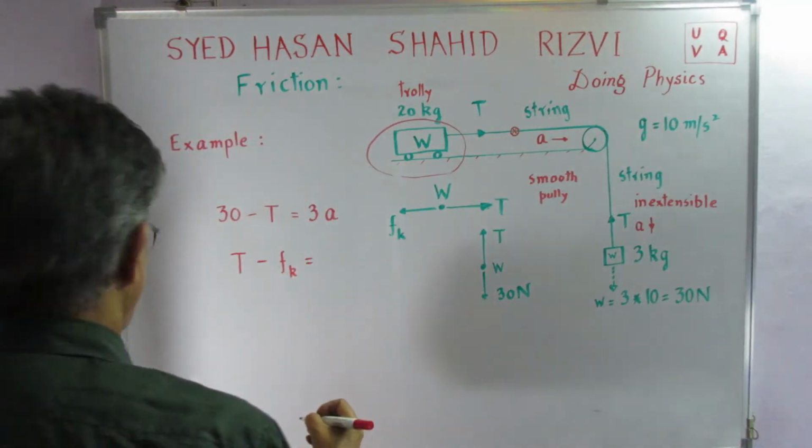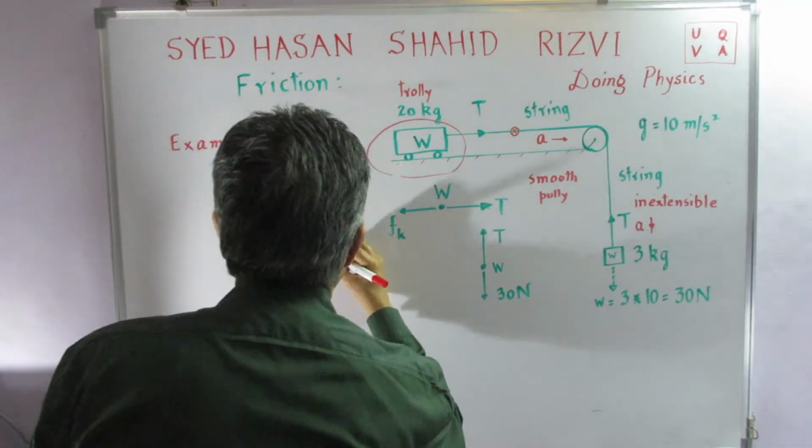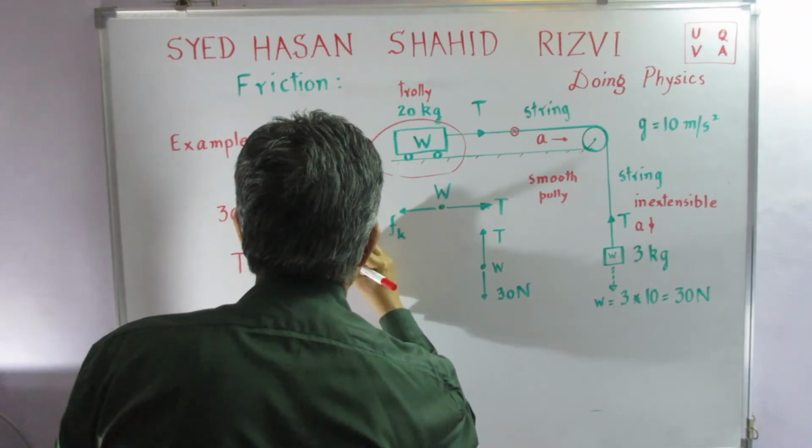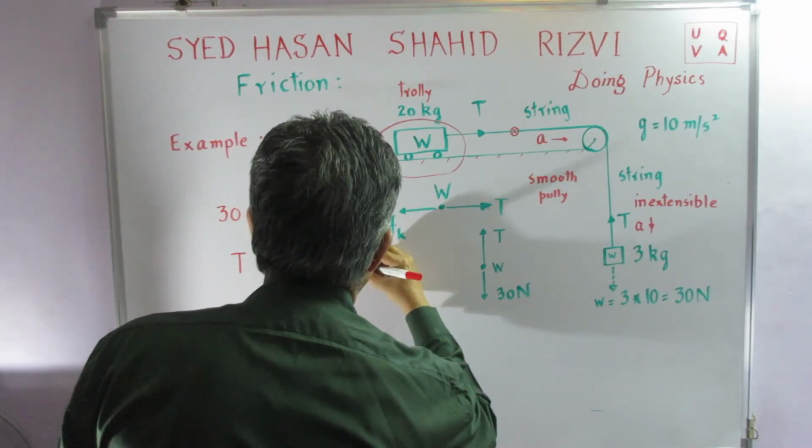The kinetic frictional force is equal to the mass, 20, into a.